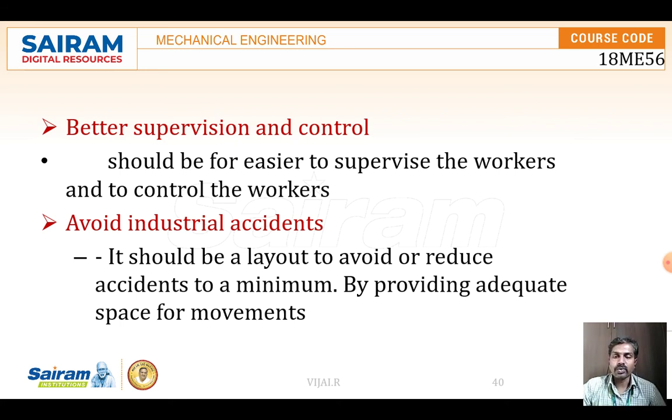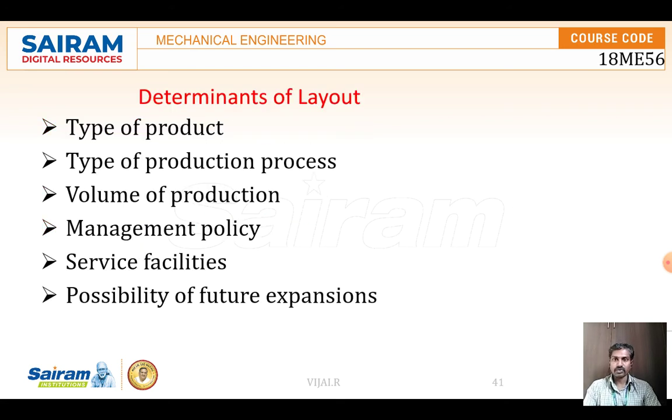Avoid industrial accidents: the arrangement of machines should reduce accidents. The space for movement is very important, where machines have to be kept and where people should move. Everything should be properly mentioned in any layout. So this is the layout, how we have to go about it.